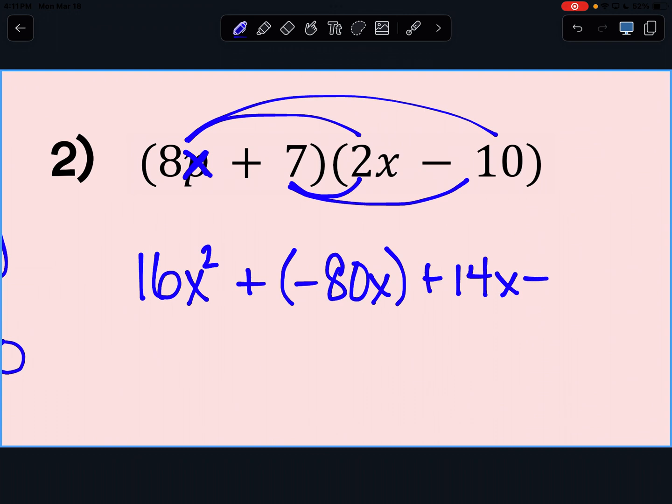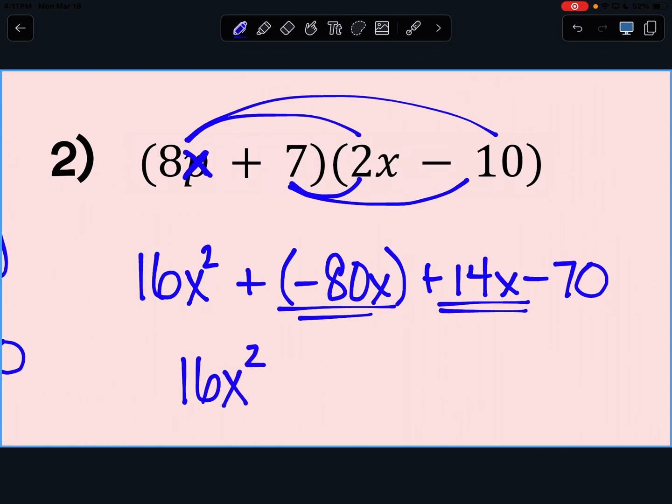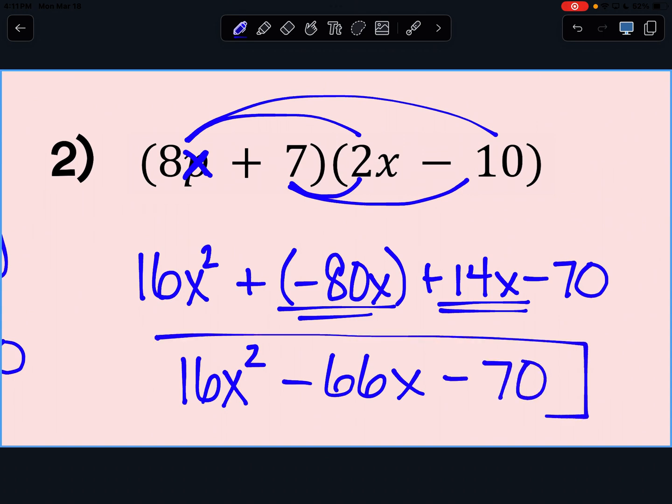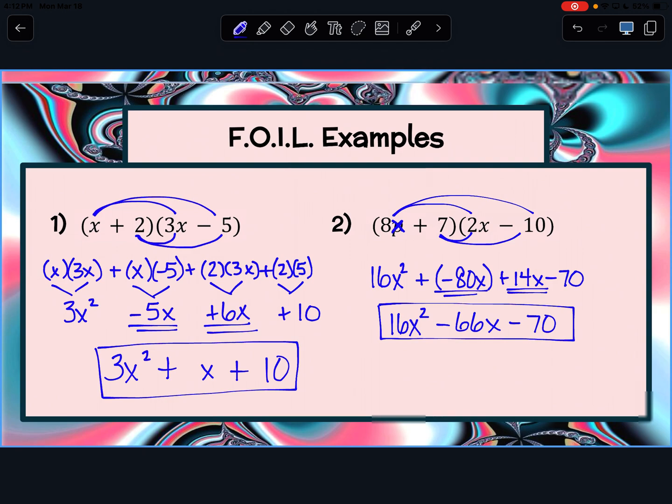And last gives me negative 70. I need to combine those like terms. 16x squared minus 66x minus 70. So that's how we would use FOIL.